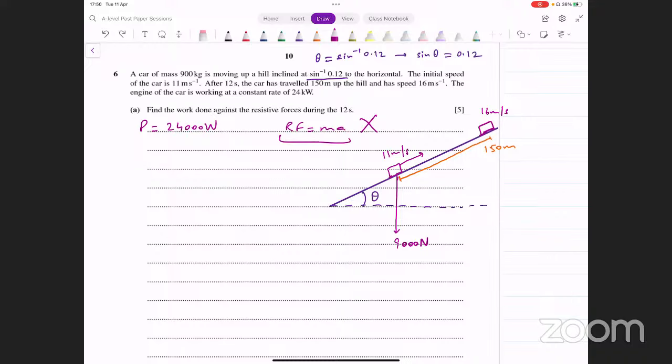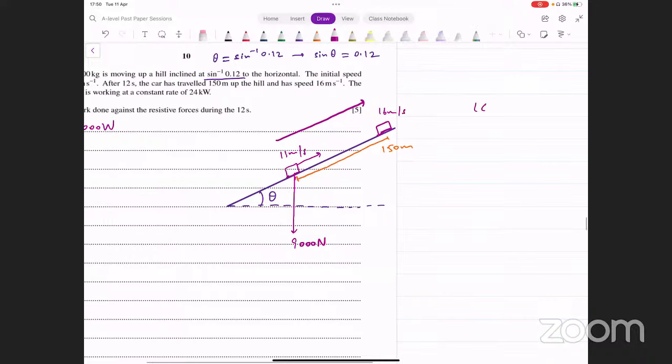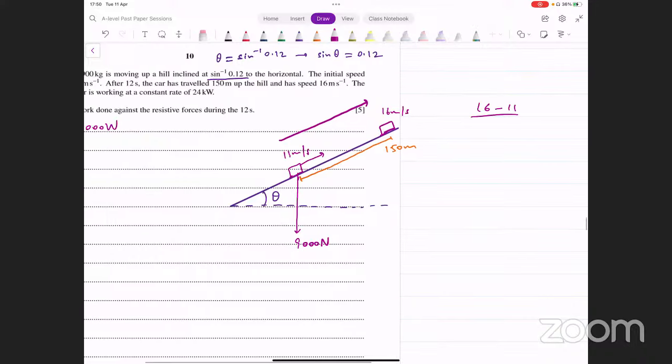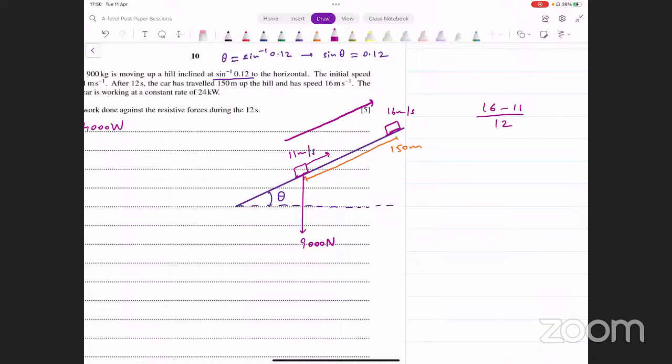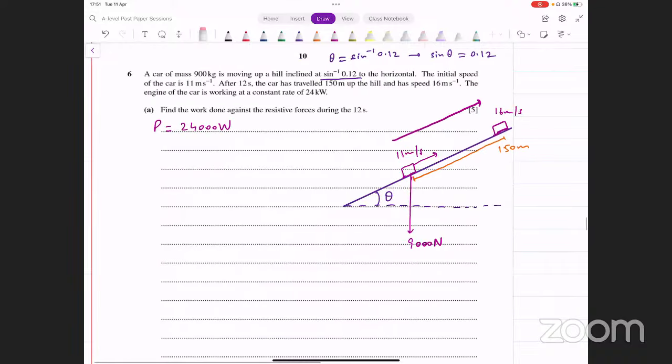We cannot figure out acceleration from here. For instantaneous acceleration it may be possible, but if you want the acceleration for this entire journey, you cannot do 16 minus 11 over 12 to find acceleration here, because you don't know that the acceleration is constant here. They have not told you anything. So you cannot do this question with Newton's second law. If they had told you, there are some problems you can also do with the work energy or power method, but you must be sure that the acceleration is constant. Only then will you use that other method. Otherwise you will not use RF equals ma or forward minus backward equals mass into acceleration.